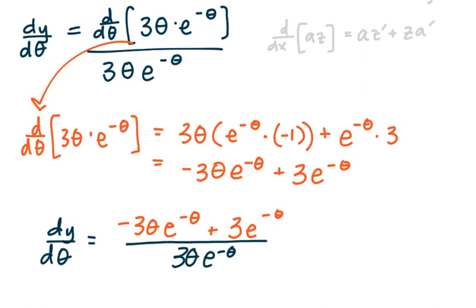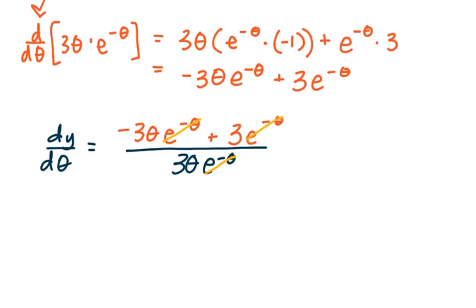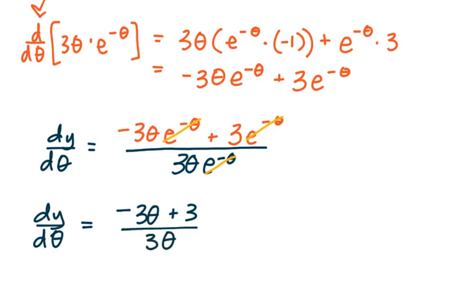Now, what most of us should notice at this point is that all of my terms, I have 3 terms, a first, a second, and then a third in the denominator, they all have an e to the negative theta. So those are going to reduce out, factor a GCF, and you'll cancel 1 over 1. And this leaves me with dy d theta is -3 theta plus 3 over 3 theta.